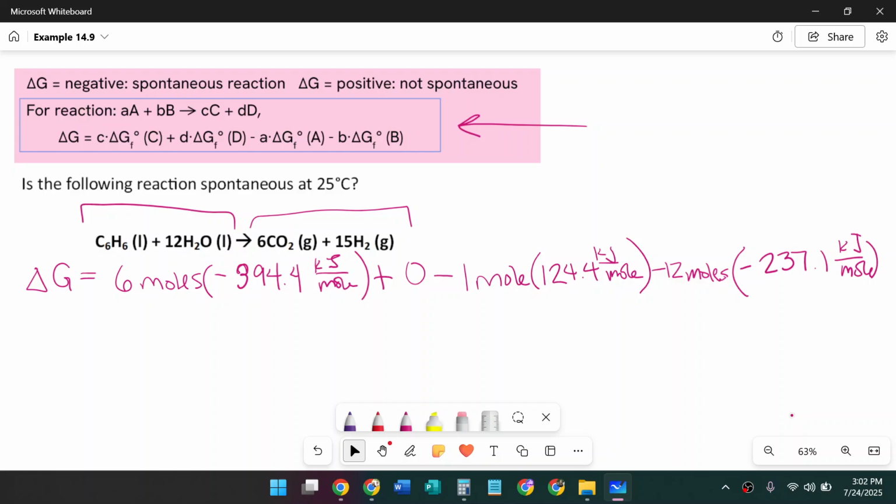Okay, so let's multiply these. Actually, let me go ahead and mark out my units first so that I can write. So change in G equals, and it's going to be in kilojoules.